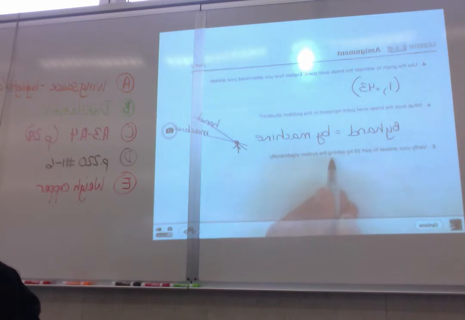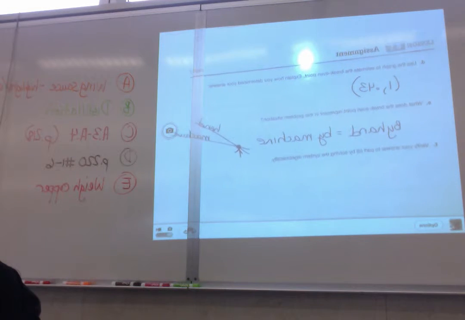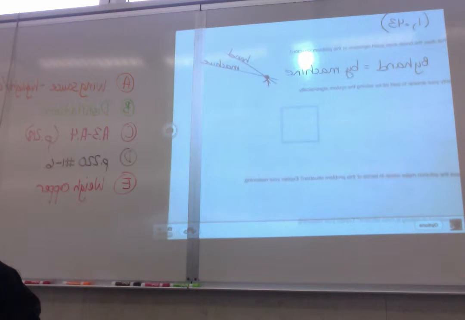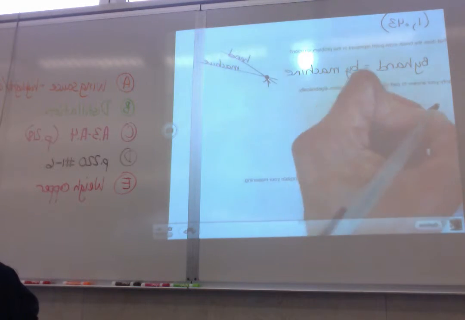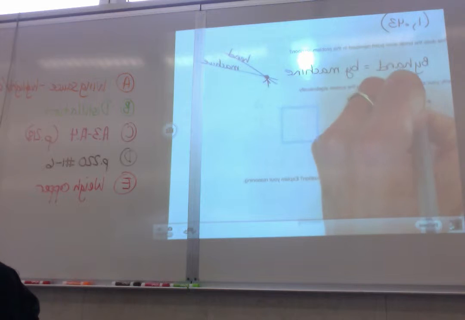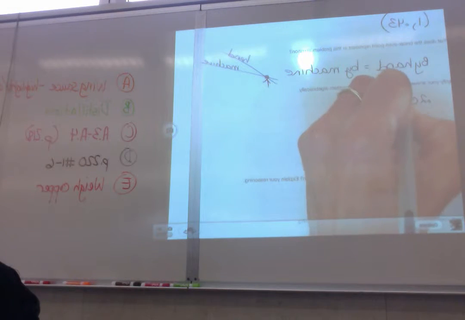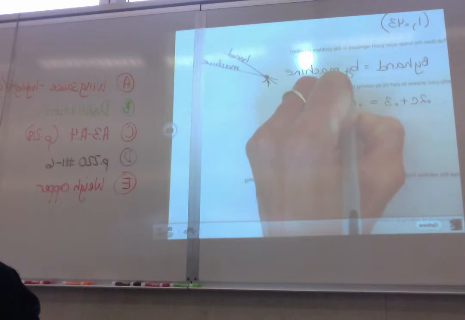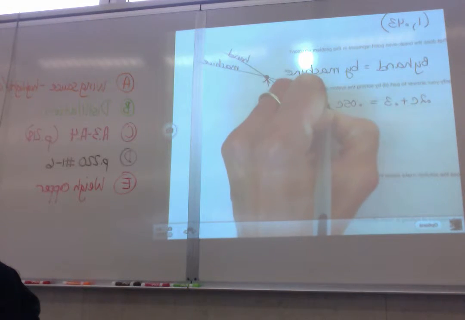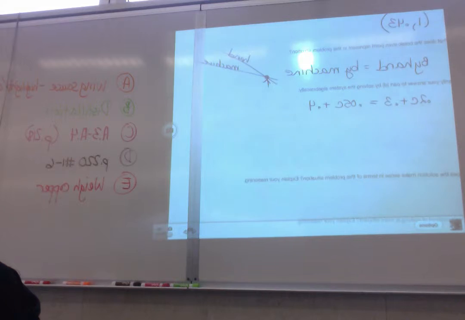Verify your answer by solving the system algebraically. All right, let's do it together. Solving the system algebraically, we set them both equal to each other. So 0.2C plus 0.3 equals 0.05C plus 0.4.